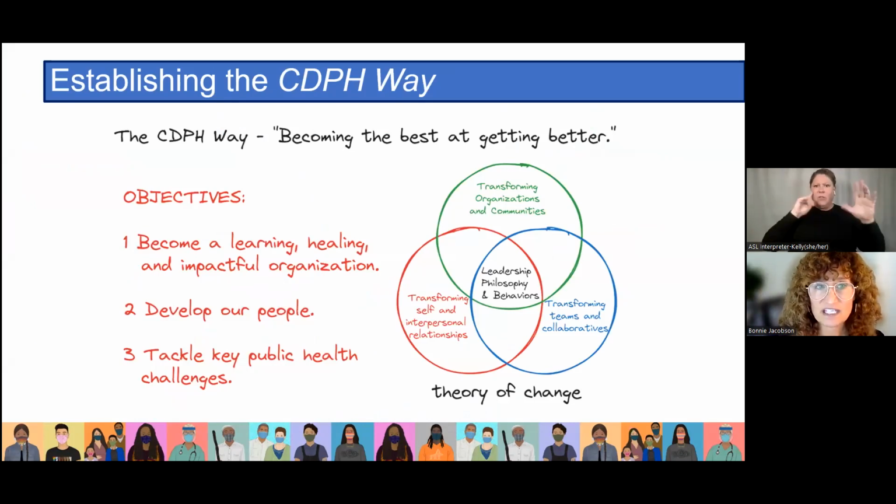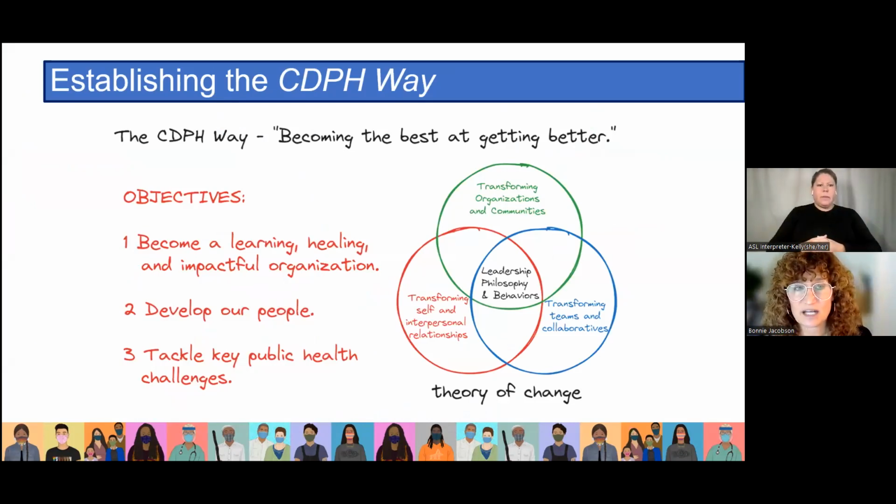This is another key building block, as we started establishing something that we refer to as the CDPH way. In our first year, after engaging in a Hoshin strategy with the organization, one of the key strategic priorities that came out of that Hoshin was becoming the best at getting better. That's the continuous improvement work that we're doing.